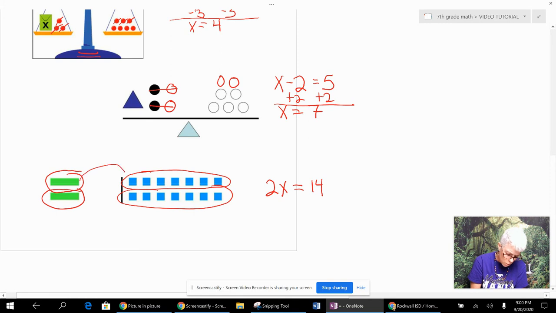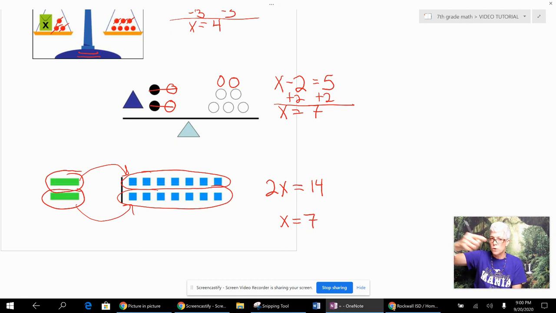So this 1x goes with this group. This 1x goes with the other group. And so each x is equal to 7. Putting them in groups like that is the same as dividing. It's like when you divide up cookies on a plate or divide up children in a room. So I'm going to divide by 2, x equals 7.